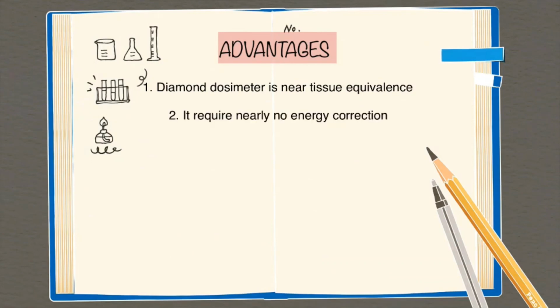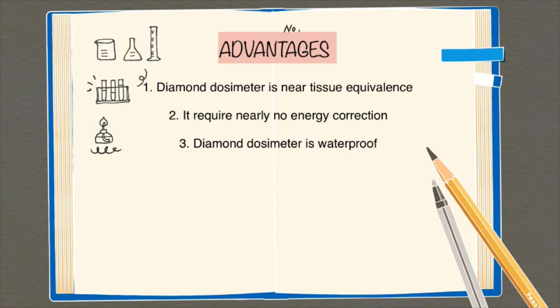Besides, the diamond dosimeter also requires nearly no energy correction. It is due to the energy that is absorbed by diamond being similar to the energy that is absorbed by human tissue. So, this advantage will reduce the need for energy correction mechanism with the other semiconductor materials.